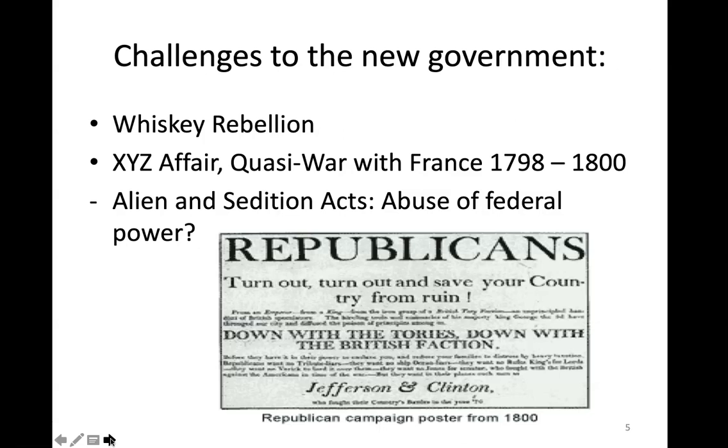But perhaps more controversial is the passage of something called the Alien and Sedition Acts. And just a little background here. I did mention there were more immigrants coming into the United States at the time. The continuance of French immigrants, as well as Scandinavians and other Europeans, aside from the traditional, quote, Anglo-Saxon or English.